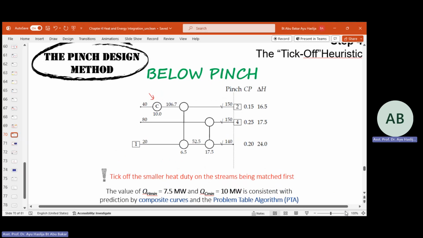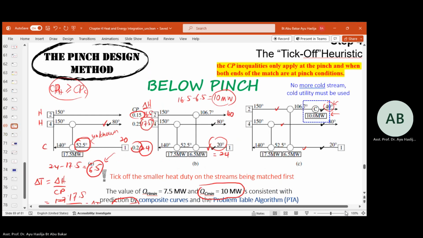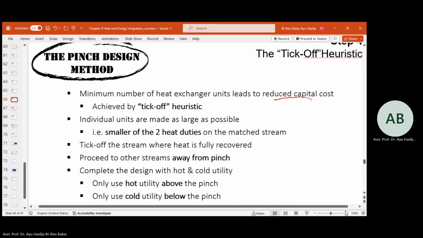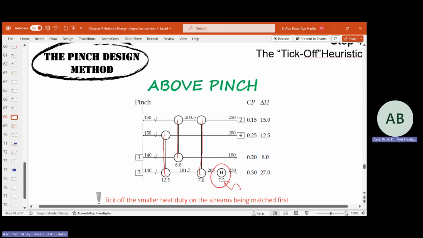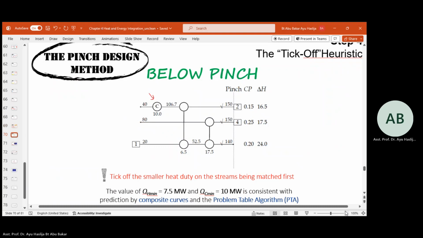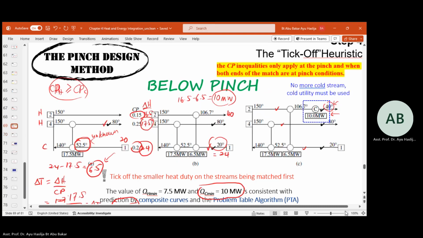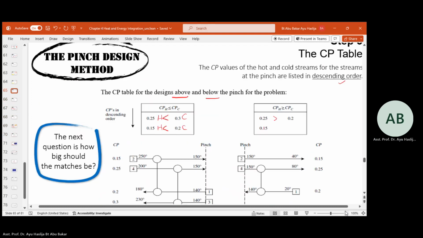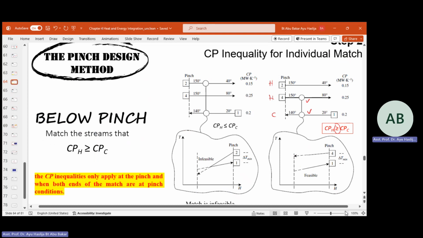Okay, if you still remember the below pinch analysis from our previous class on the pinch design method.